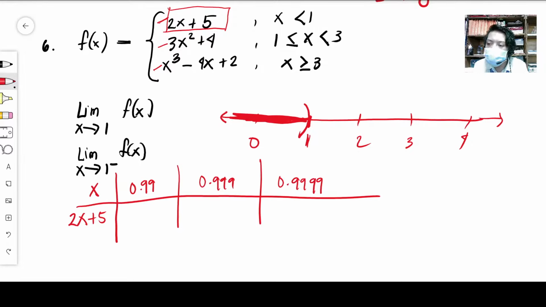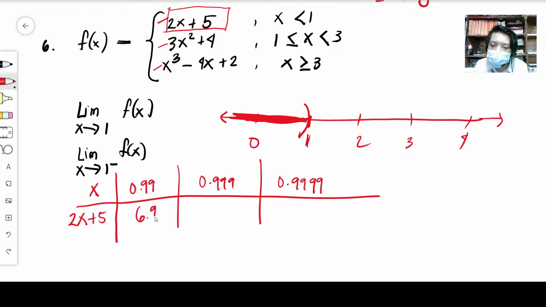Let us try to solve for the value of the function as x approaches 1 coming from the left. We have here 2x plus 5. When x is equal to 0.99, your value is 6.98.